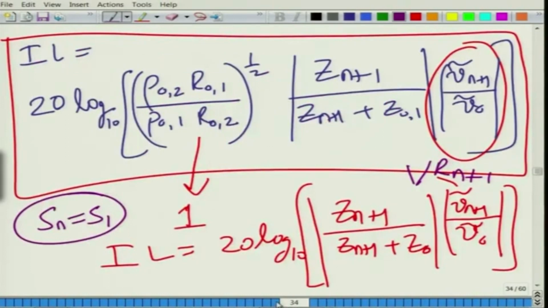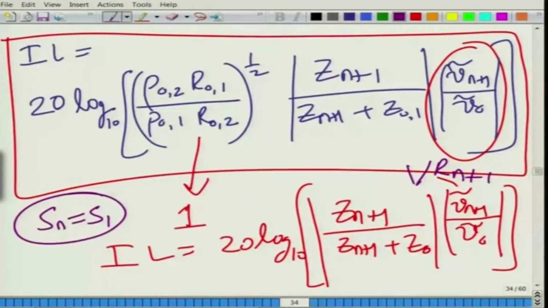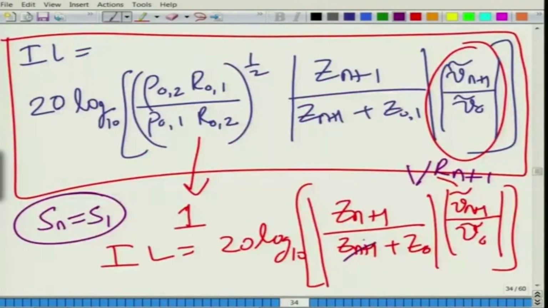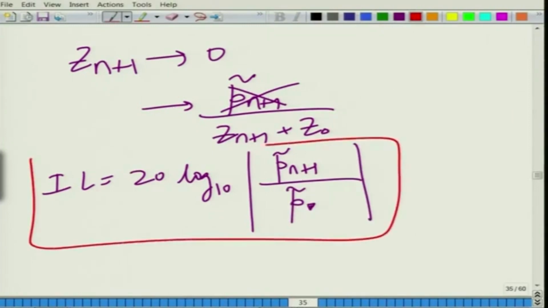Under such a condition, we can still combine Z n plus 1 and V n plus 1, and this term can be combined here. So, basically the insertion loss becomes 20 log to the base 10, and we combine this term together to get P n plus 1 tilde, and ignore this term because it tends to 0, and V naught into Z naught is nothing but P naught, the atmospheric pressure, and this is what we are going to get.